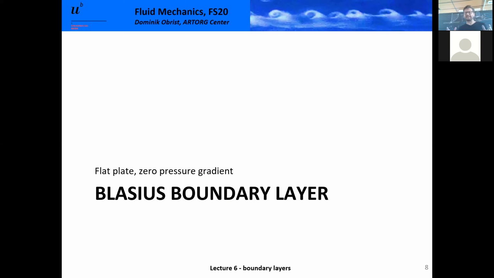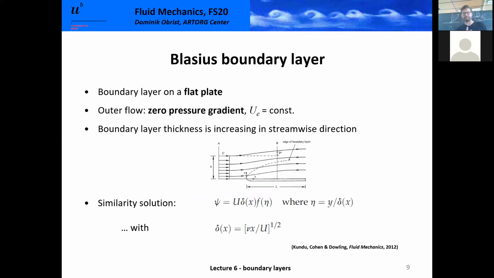And the special case is, look at a flat plate, large flat plate, infinitely large or semi-infinite if you like, and consider a flow with a zero pressure gradient. And Blasius solved this problem, and that's why it's now called the Blasius boundary layer.